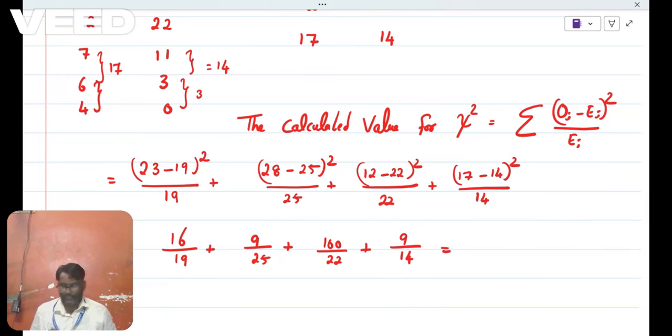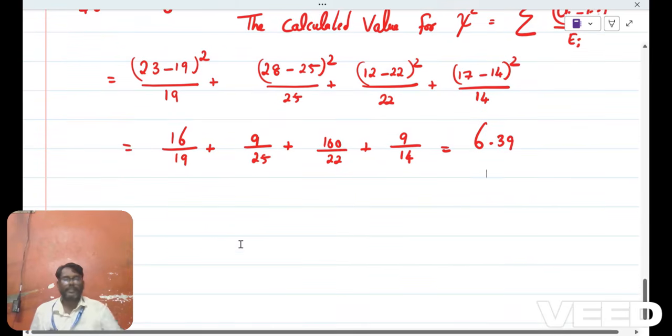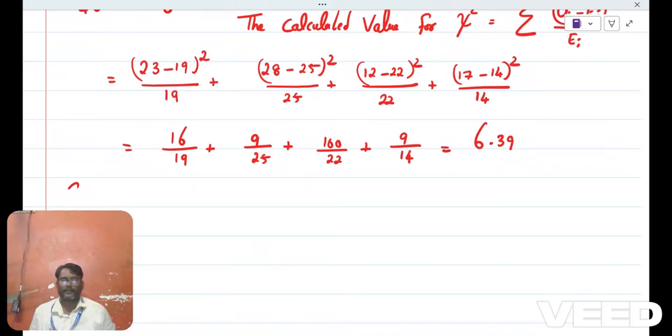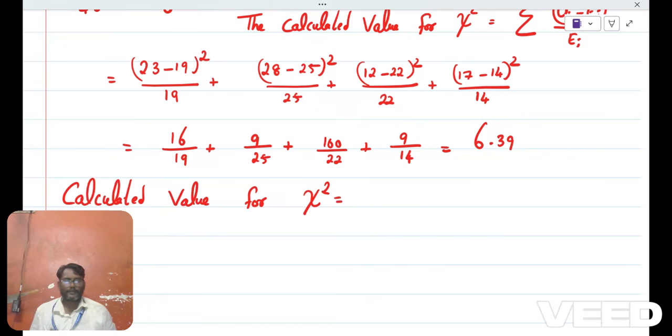Use your calculator and sum it up. The value will be 6.39. So we got that the calculated value for chi-square is equal to 6.39.